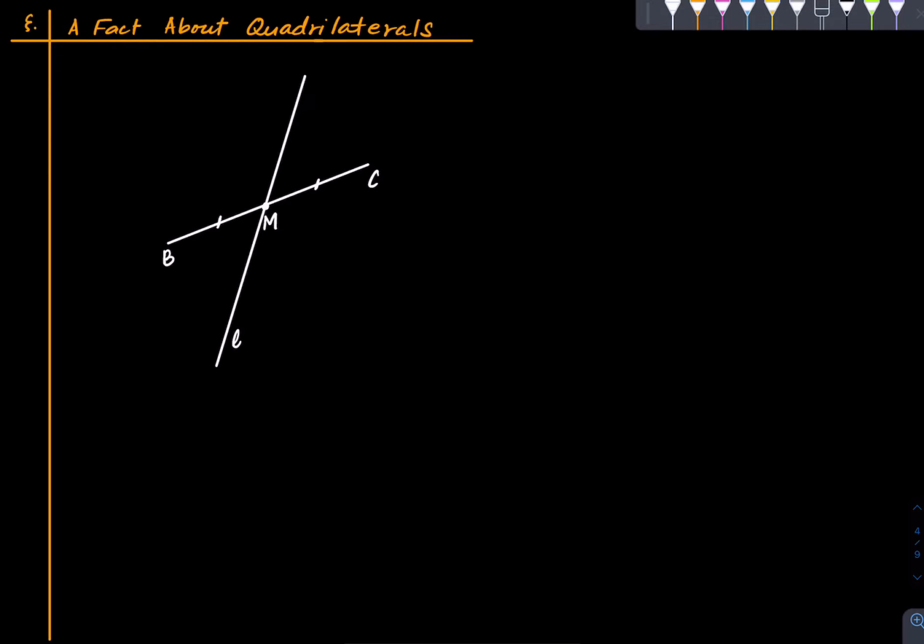All right, here is a fact about quadrilaterals that we will need. We learned this in high school geometry. So we have 2 points B and C, and we have the midpoint M of these 2 points. We have some arbitrary line L passing through the point M, and again this line L is different from BC.